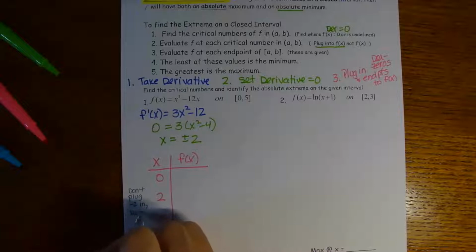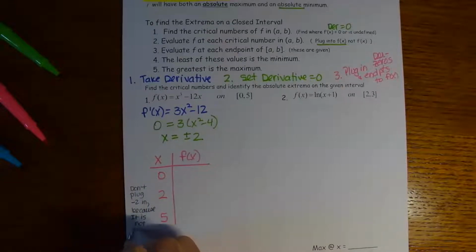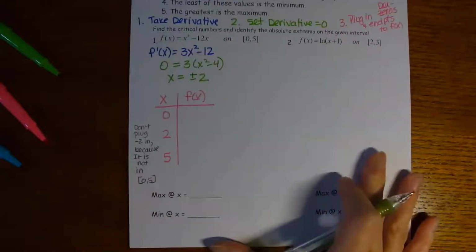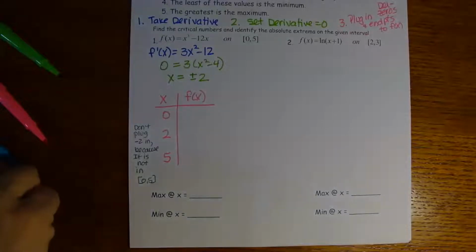Why? Because it is not in 0 to 5, right? They told us that we were only allowed to look from 0 to 5. So if we get other zeros on the derivative, we just ignore it because it's not in our domain.